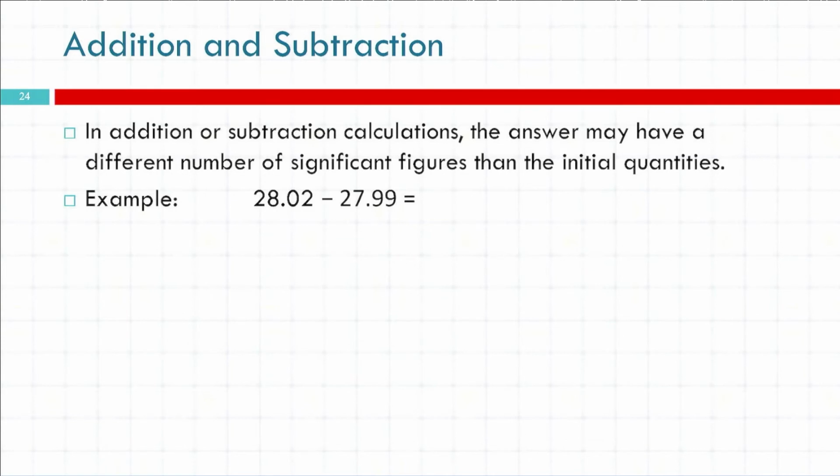So the answer, this is what we did on the last one too, but you may have a smaller number of significant figures, sig figs, than you did in your two numbers that you're adding or subtracting. So here the answer is going to be 0.03. So how many sig figs is that? It's just one. One lonely sig fig.